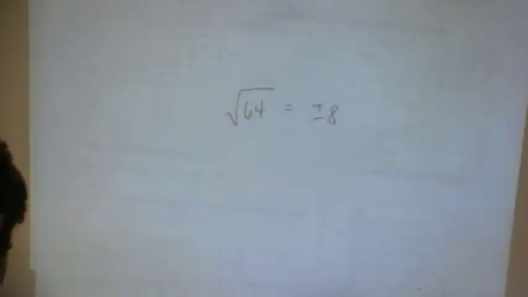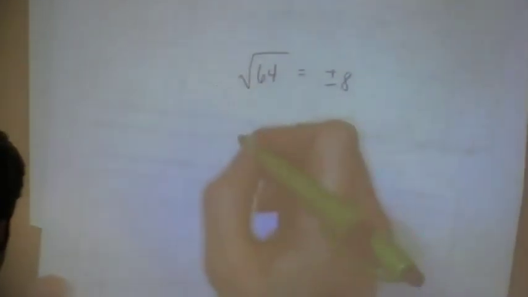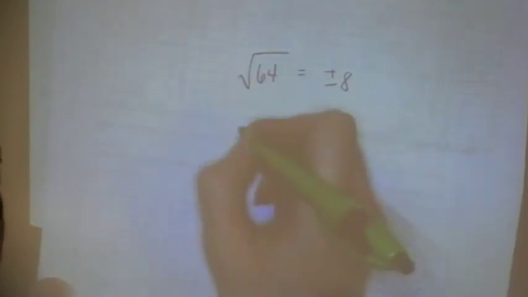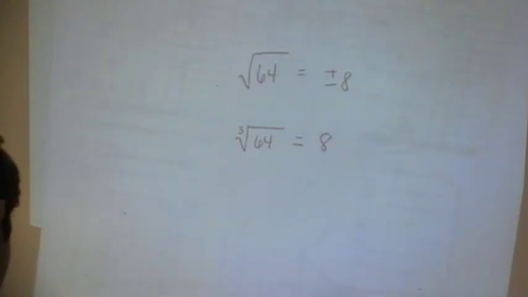So if I take the square root of 64, we just said it's both positive and -8. Why is it both? Because negative times negative equals positive. Right, so -8 times -8 still equals 64.